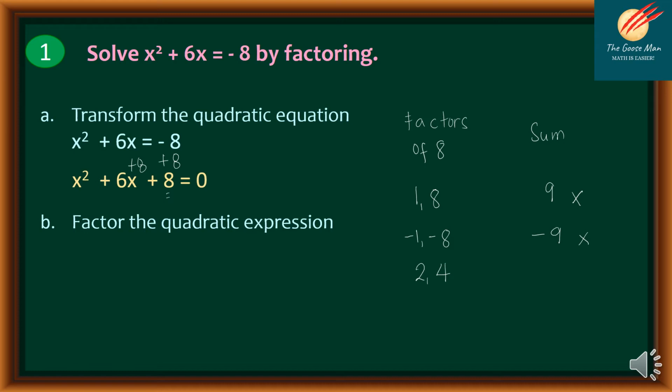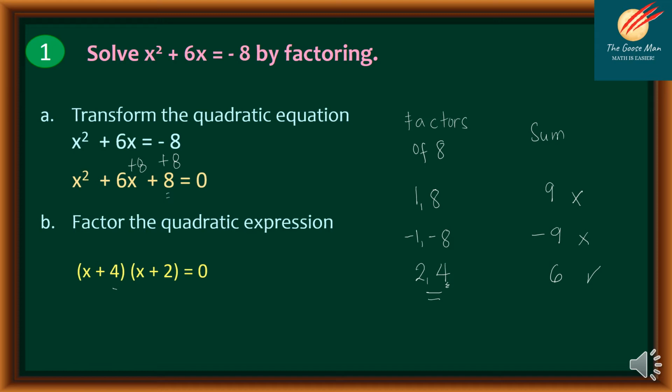Take note, 2 times 4 is equal to 8 and 2 plus 4 is equal to 6. So these are the factors that I'm looking for. Therefore, we can say that the factors of x squared plus 6x plus 8 is equal to 0 are the following: x plus 4 and x plus 2 is equal to 0.